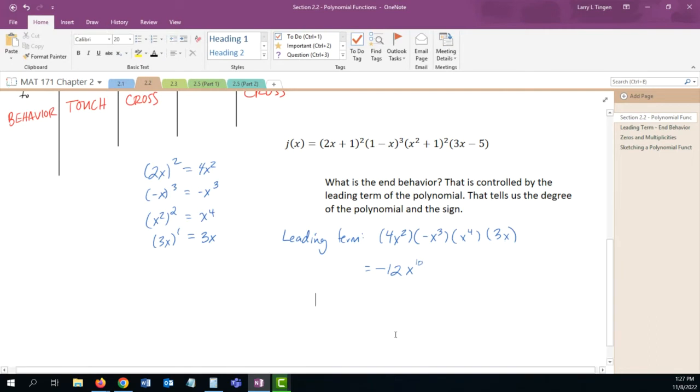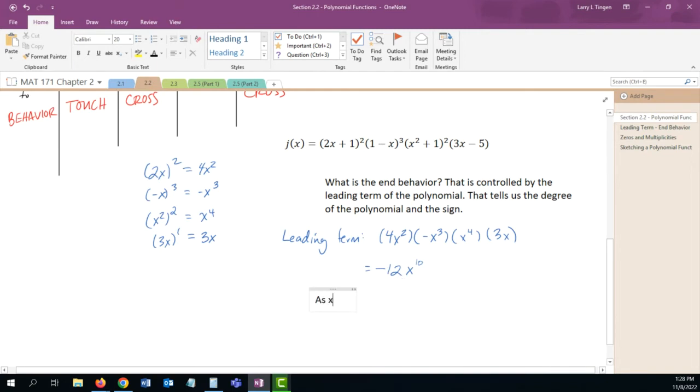So what does that mean? That means the parabola opens, or sorry, it's not a parabola. It does a bunch of other weird stuff in it. But as x goes off to positive infinity, I'm taking that massive number and then multiplying it by negative 12.